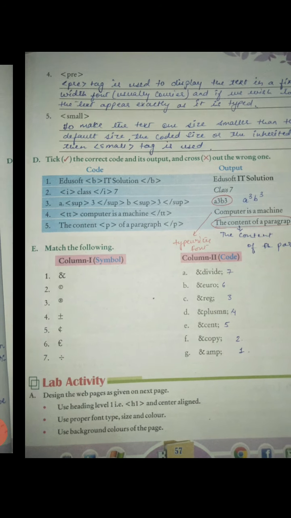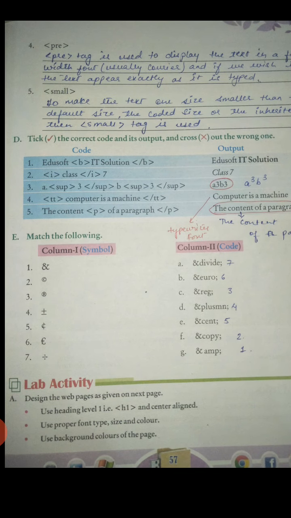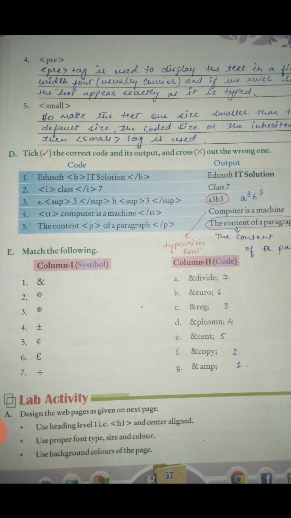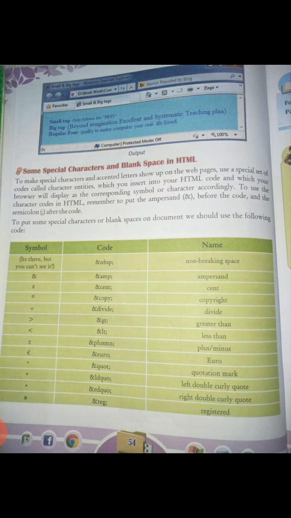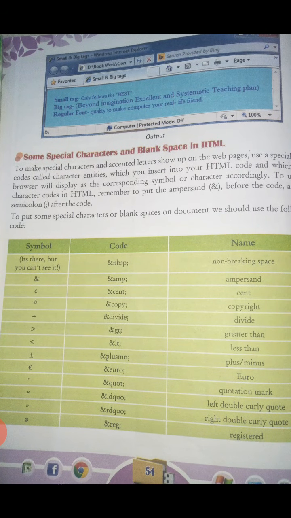Now the next question is question number E. Match the following. Here you have seen before a table in which you have the codes and the symbols, how to write that particular code, how to display the symbols.